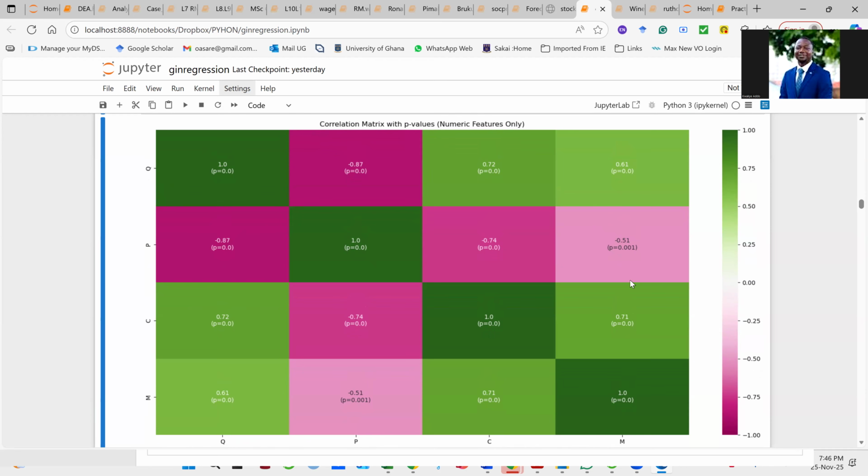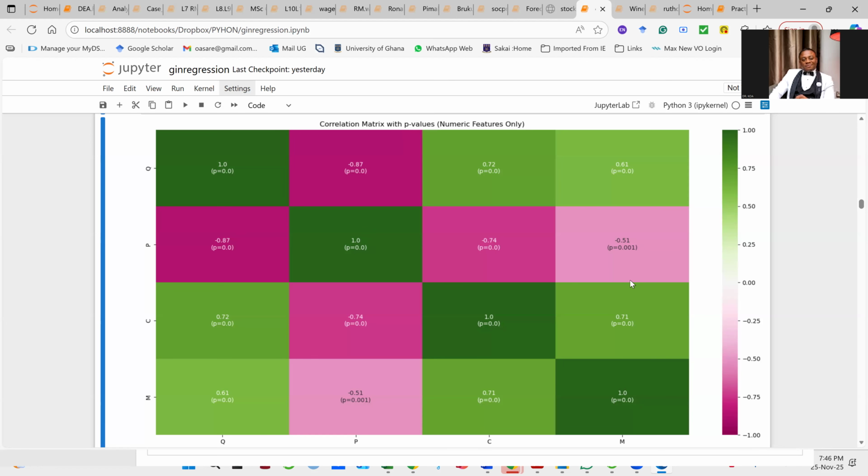The one with the value of negative 0.51, the p-value there is 0.001. Yeah, since it's not 0, if we're looking for perfect, statistically significant, it is that one. But the rule is that once the p-value is less than 5%, the correlation is significant. If the p-value is less than 1%, the correlation is also significant.